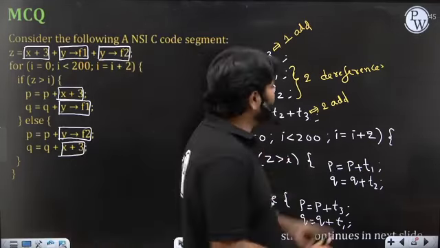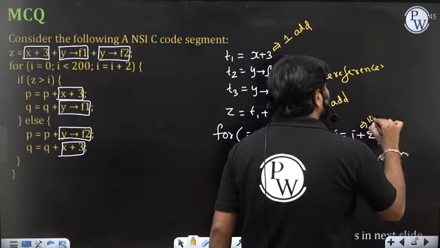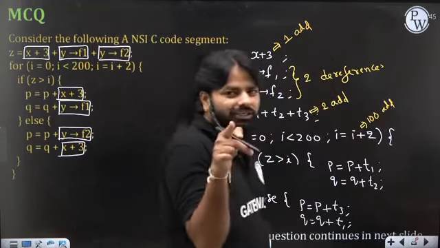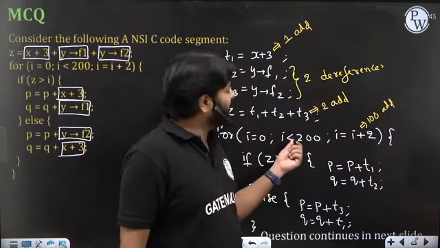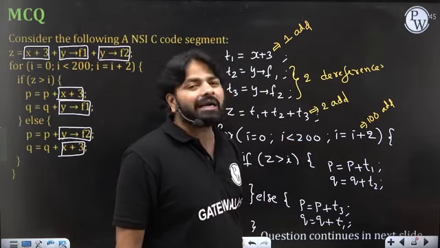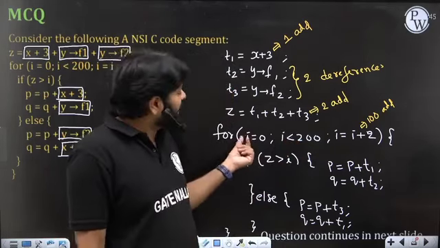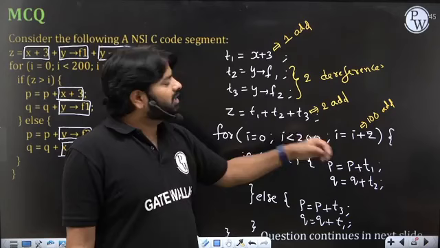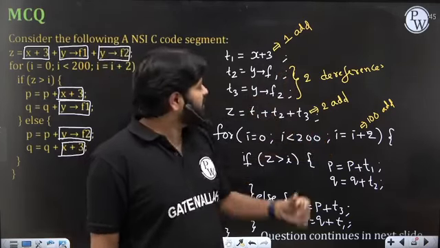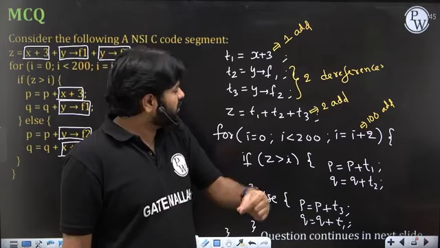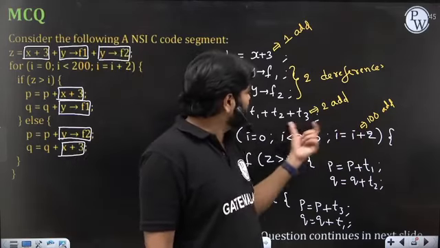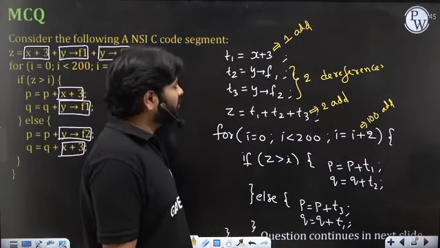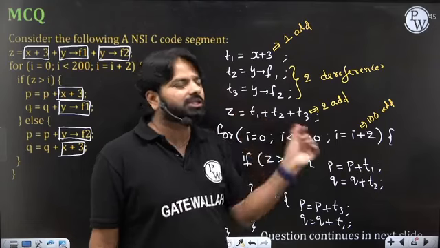The last time you make the 100th addition, the value goes beyond, and then control comes out of the loop. When you get 200, control comes out of the loop. So 100 additions will happen here. Out of them, 99 additions are for entering, and 1 addition is to come out of the loop.